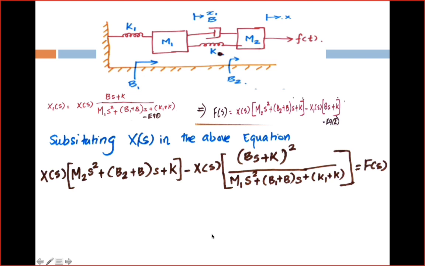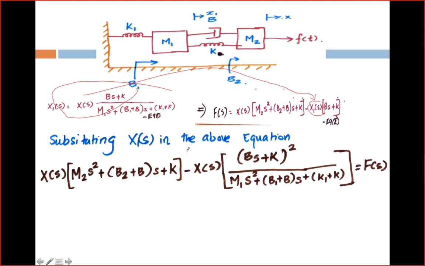When you are substituting, we are going to substitute this equation in this particular place. You will get x of s into m2 s square plus b2 plus bs plus k minus, here we are going to replace this x1 of s with this equation.